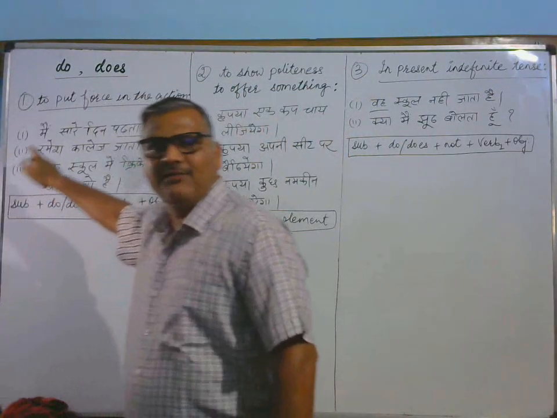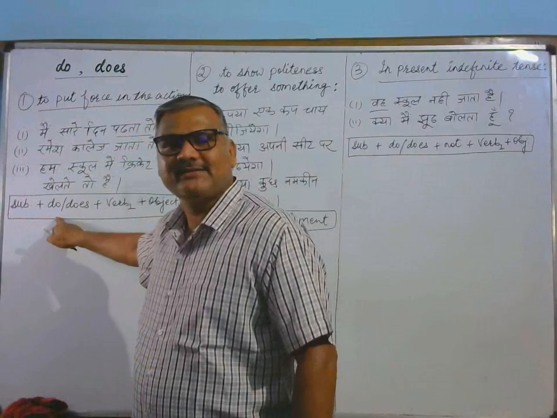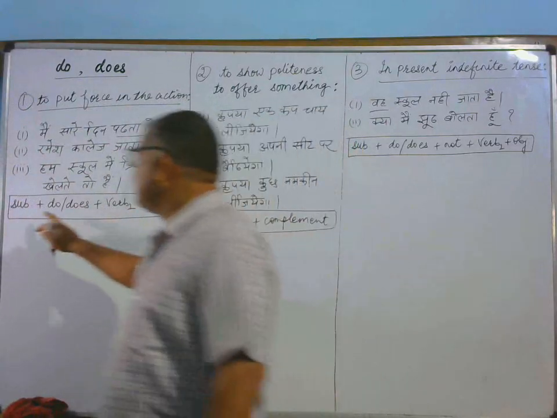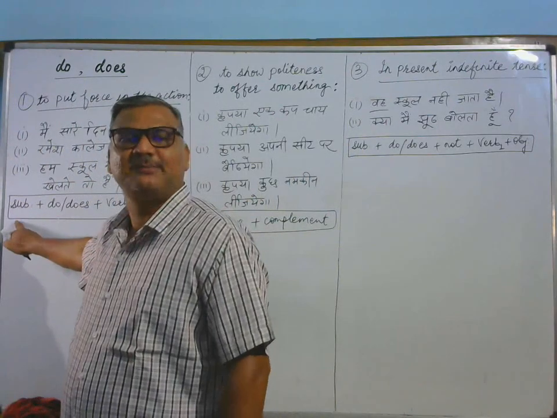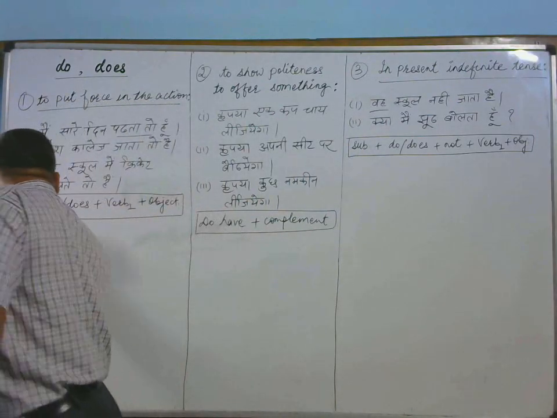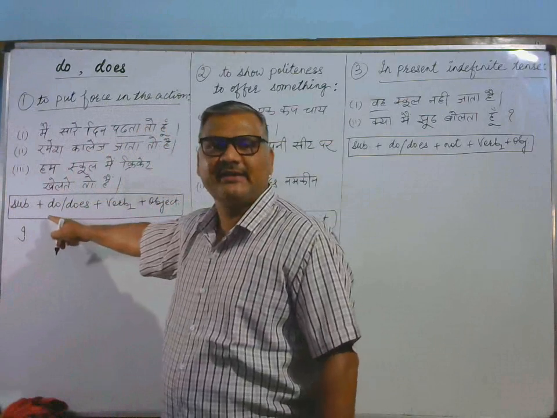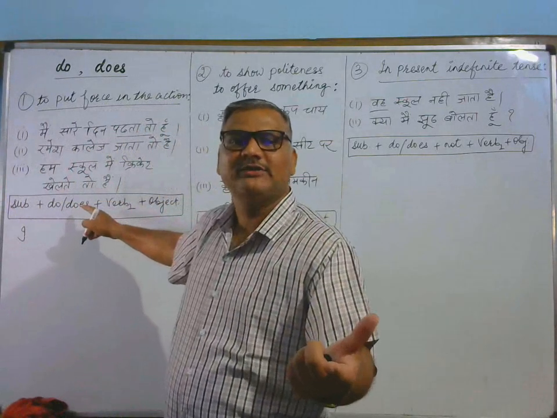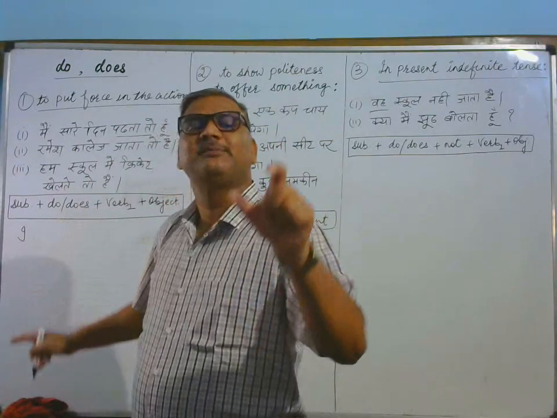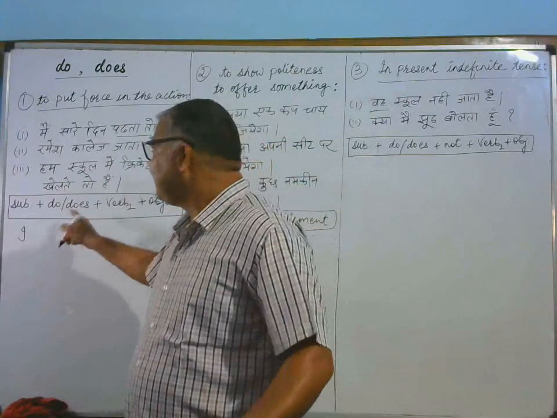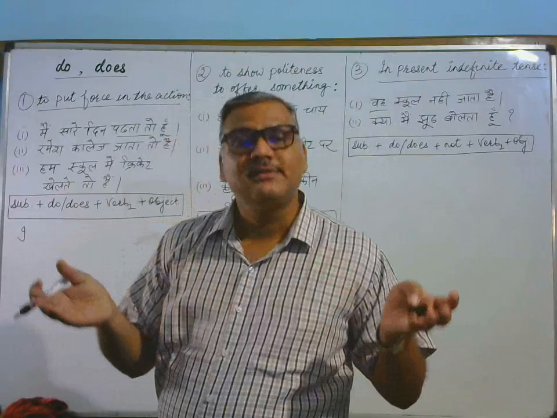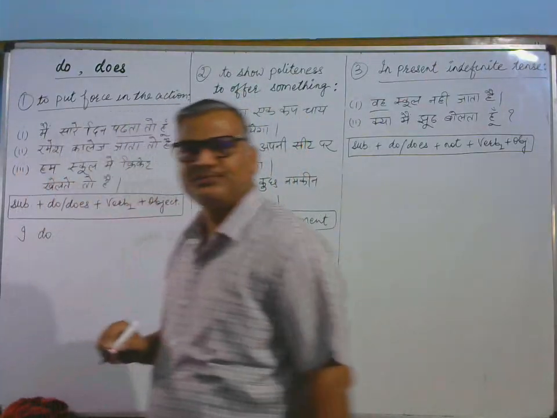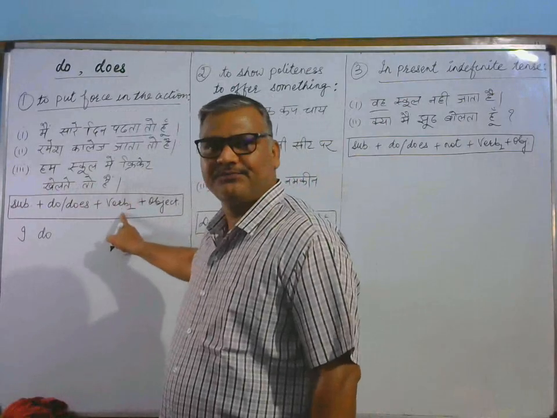First of all, if we translate this sentence into English, this sentence structure we are going to use. First, the subject, I. After the subject, we use do or does. You already know that we use do with plural subjects and does with singular subjects. So here, do, and then the verb.